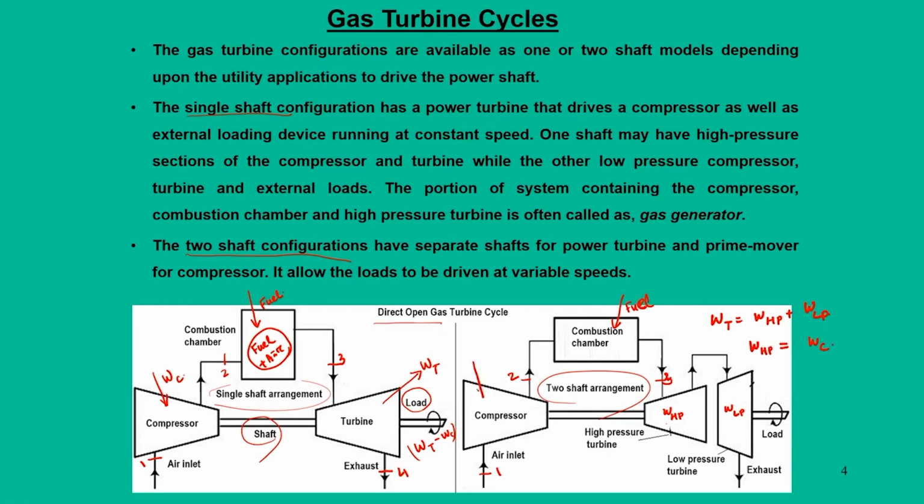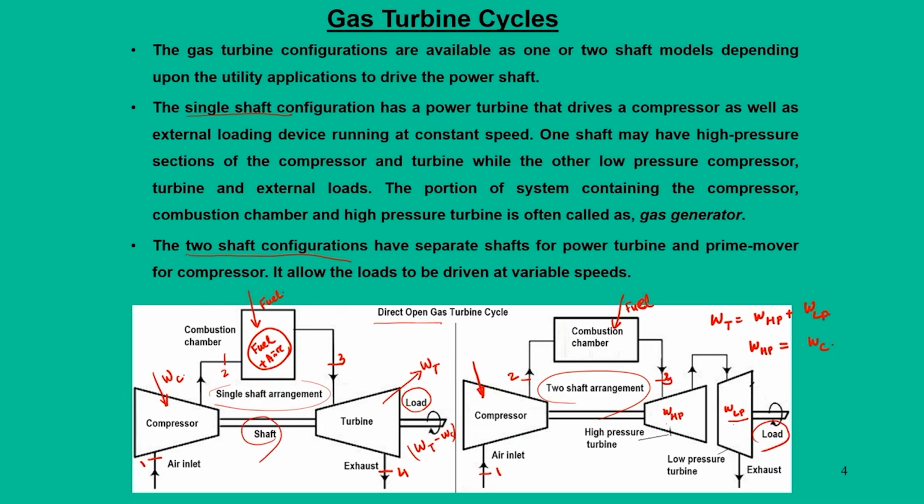That means the compressor power requirement is achieved through the high pressure turbine. The expansion is still not complete, so we take out the combustion products and expand them further in another turbine. Essentially, the outside load requirement is achieved through the low pressure turbine.